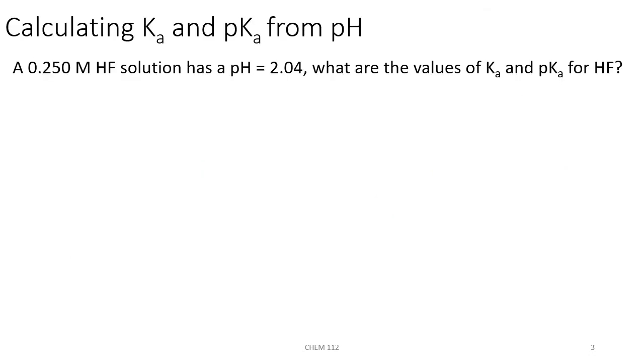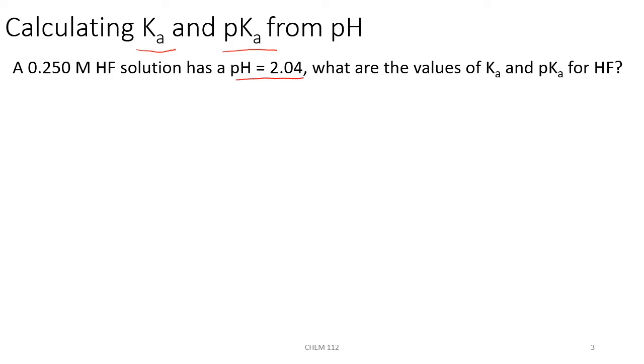If we were to take a weak acid and dissolve it in water and calculate the pH of the solution, we could use that pH to work backwards and figure out an unknown Ka or pKa for an acid. Usually all the values are tabulated on the chart for us and we'll use them later, but if we needed to figure out a Ka, we could do that from our pH information.